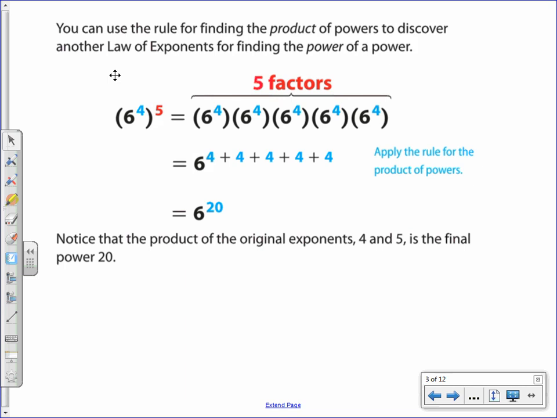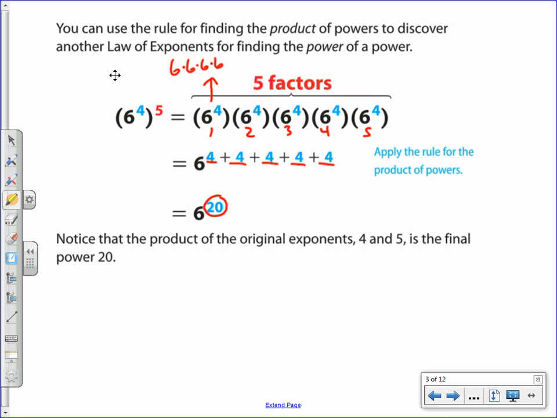All right, so when I'm grouping them, I have 6 to the 4th, but I have it 5 times. So here's once, twice, 3, 4, and 5. And we know by now that 6 to the 4th means 4 6s. So here's 4 6s, another 4, and I did that 5 times. Well, 4 plus 4 is 8, plus 4 is 12, plus 4 is 16, plus 4 is 20.